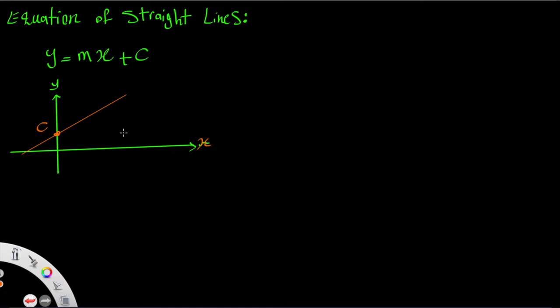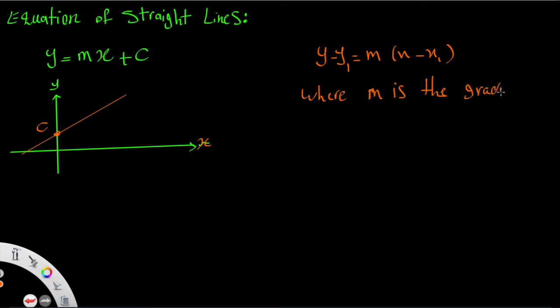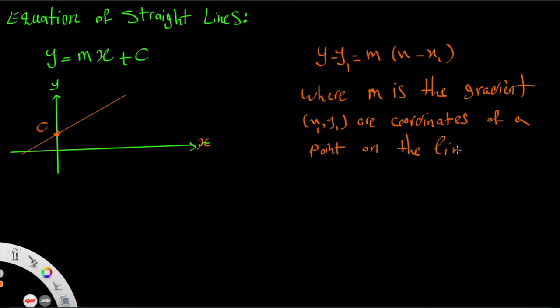Now there is another alternative that you learn and you will be using this year in A level, which is y minus y1 is equal to m(x minus x1), where m is the gradient, as you already know, and x1 and y1 are coordinates of a point on the line.